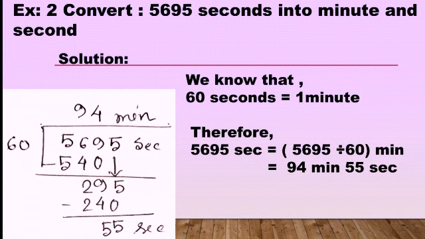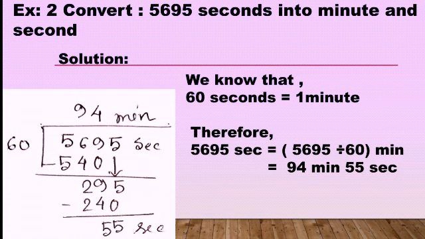Therefore, 5,695 seconds equals 5,695 divided by 60, which equals 94 minutes 55 seconds. As we are dividing by 60, we get 94 minutes 55 seconds.